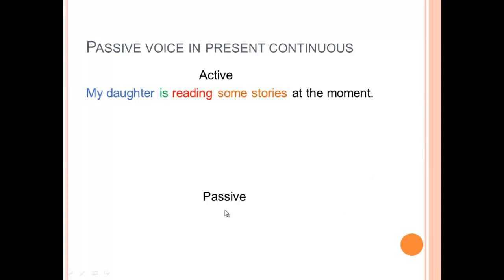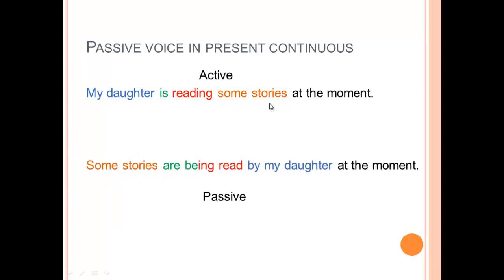Another sentence, here we go. My daughter is reading some stories at the moment. In this case, we have the subject. My daughter is the subject, which is singular. Is reading is the verb. Some stories is the object, and it's plural. At the moment is the expression. But now we will start with the object. Some stories went all the way down. Is would be are, because the object now is in plural form.